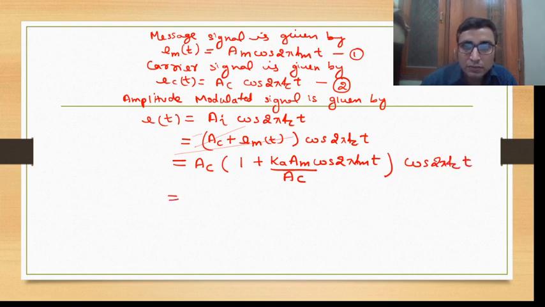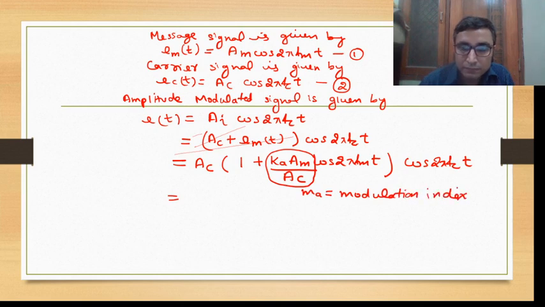Here this k is the sensitivity constant, which is assumed to be equal to 1, and this k Am upon Ac is the modulation index in case of amplitude modulated wave. So Ac into 1 plus Ma cos 2 pi fmt into cos 2 pi fct.